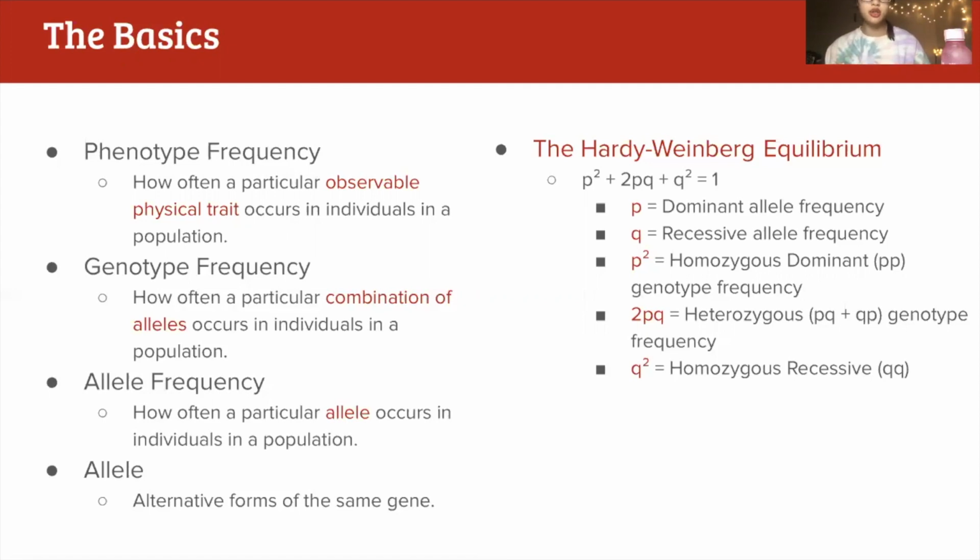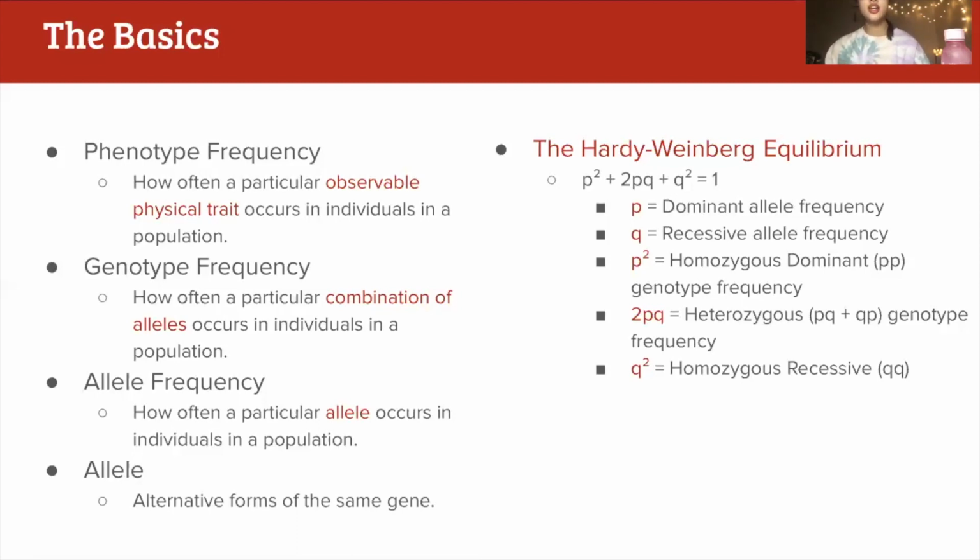Alleles are basically alternative forms of the same gene. If you think about eye color in humans, there is a gene that codes for eye color, and the alleles of that gene may be for brown eyes and for blue eyes. And so when you look at the definitions over here, frequency basically means how often you see that specific trait, that specific combination of alleles, or that specific allele itself.